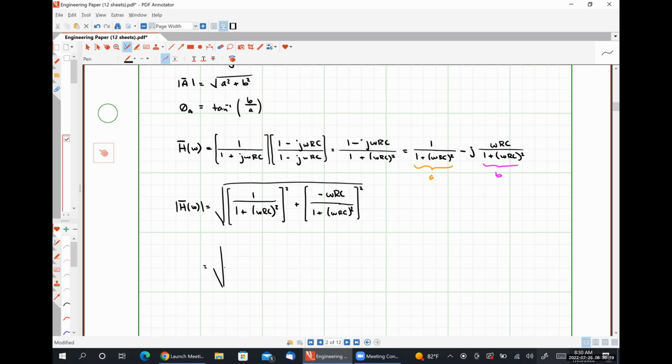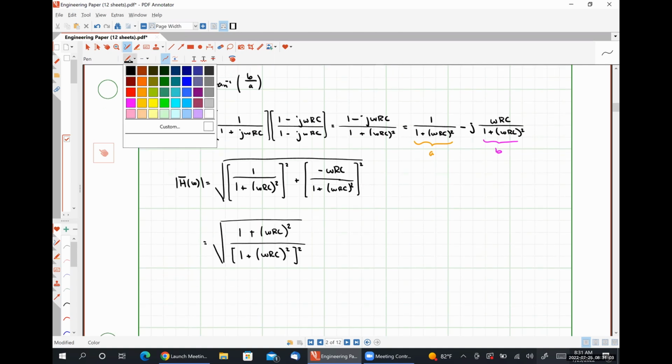So this is going to look like 1 plus omega RC squared, divided by 1 plus omega RC squared quantity squared. Are we okay with the algebra there? All right, since nobody's saying no or typing anything into the chat, I'm going to assume we're all okay.